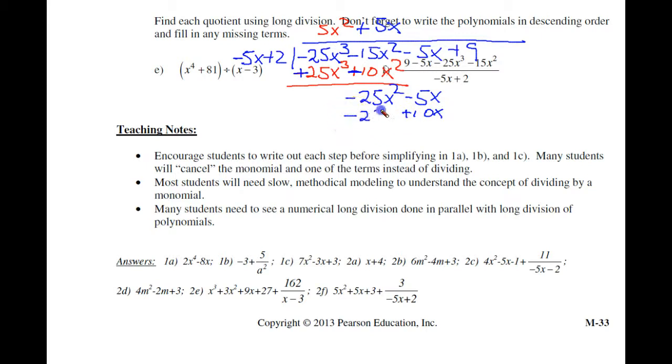This is the negative 25x squared. Okay, we change our signs. This becomes a 15x. Bring down our plus 9. Now this is going to be a negative 3. Negative 5 times a negative 3 is a positive 15x. Positive 2 times a negative 3 is a negative 6.